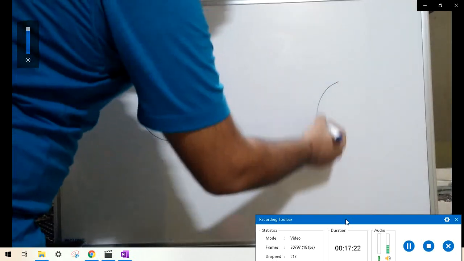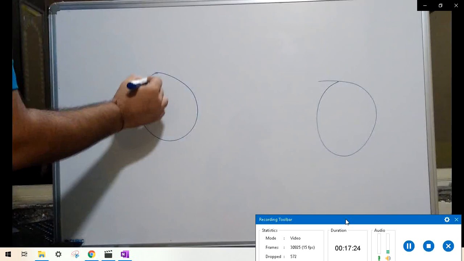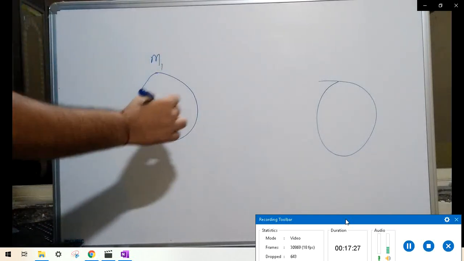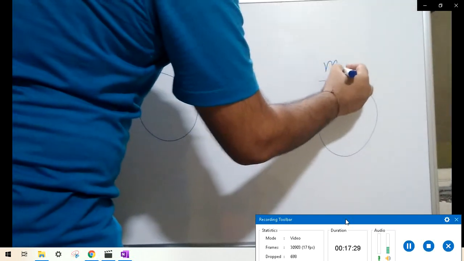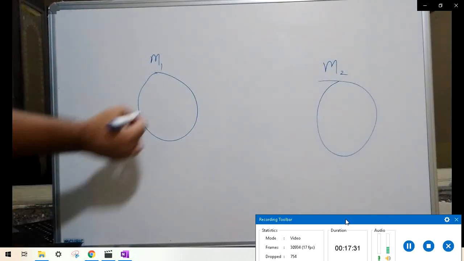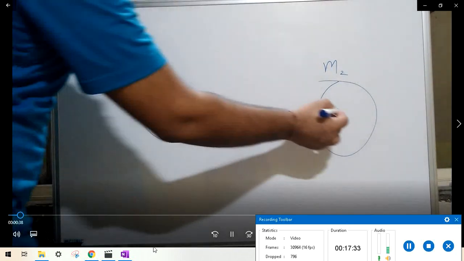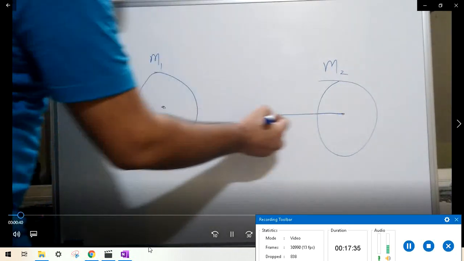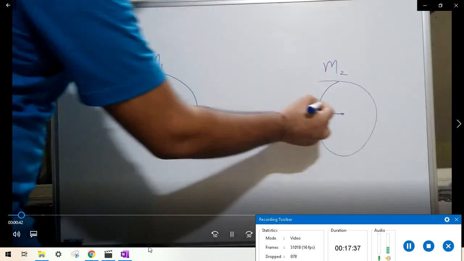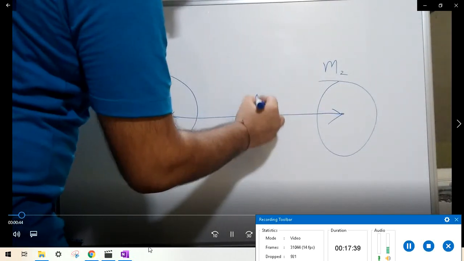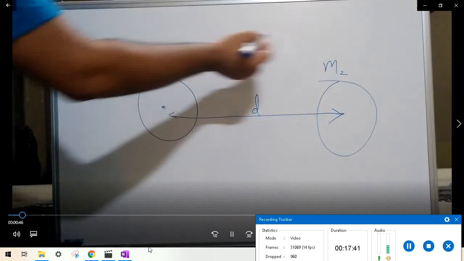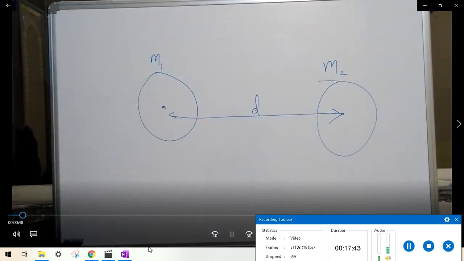So let's say we have two planets, the mass of the first planet is m1, the mass of the second planet is m2, and the distance between these two planets is denoted by the symbol d. So m1, m2 and d, these three are variables, a name given to any value. m1 is the mass of the first planet, m2 is the mass of the second planet, and d is the distance between them.